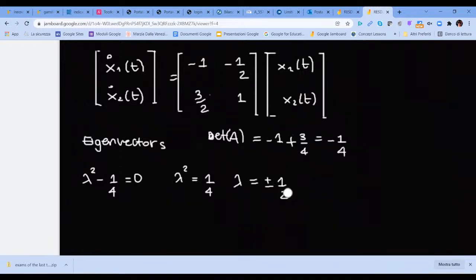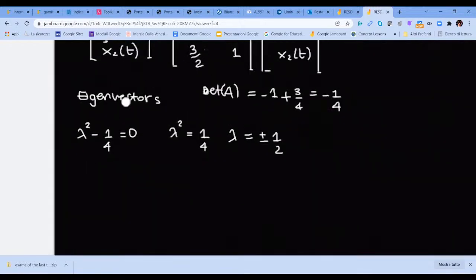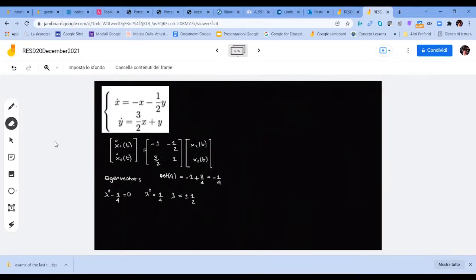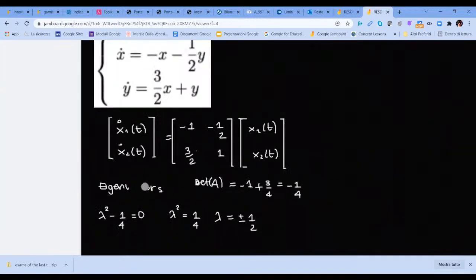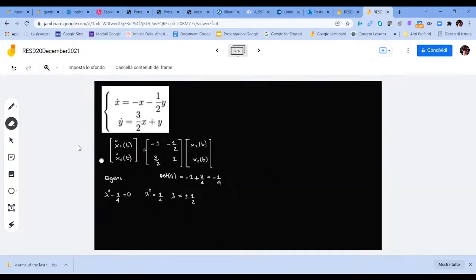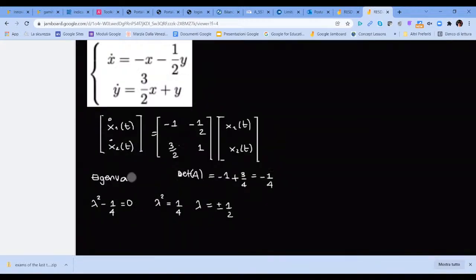Okay, so then we find the eigenvectors of this one. Sorry, I wrote eigenvectors, but it was meant to be eigenvalues. This was searching for eigenvalues. Okay.